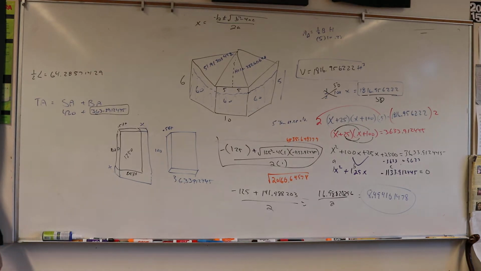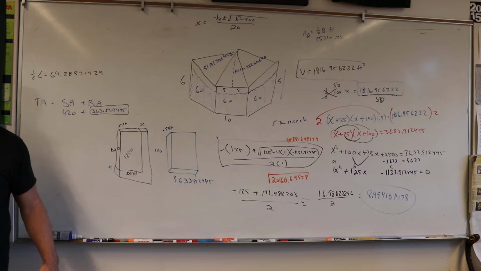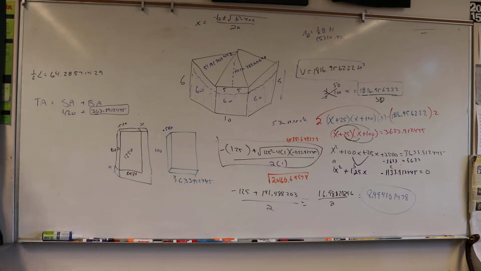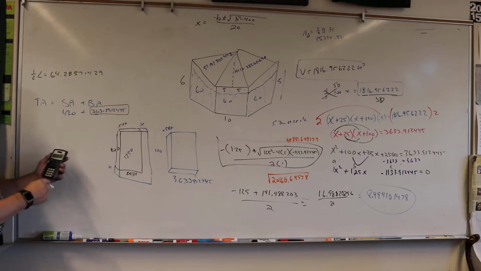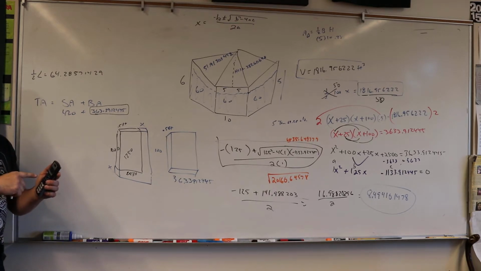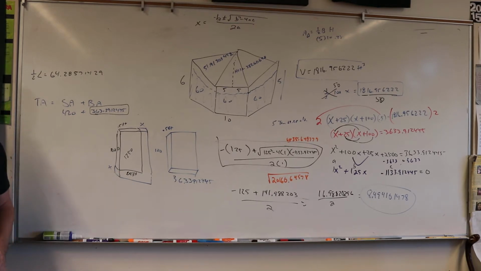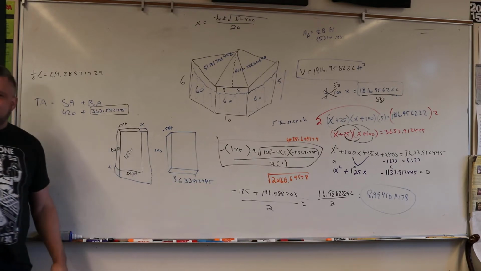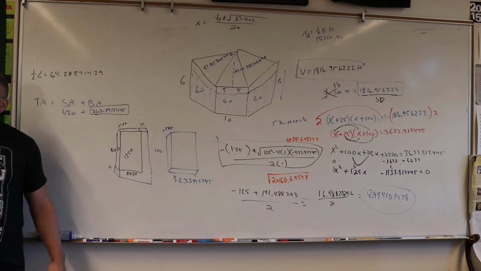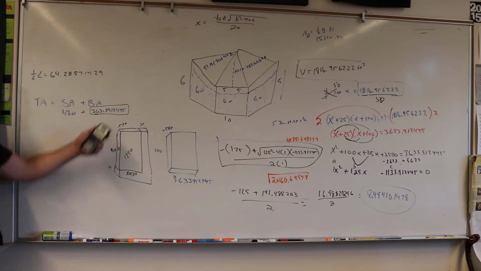Now, how do I know it's true? How do I know it's true? Okay? Check your work. Check this out. I'm going to take that number and I'm going to add it to 25. And then I'm going to take that same number and I'm going to add it to 100. I'm going to multiply those two numbers and then I'm going to multiply it by half.